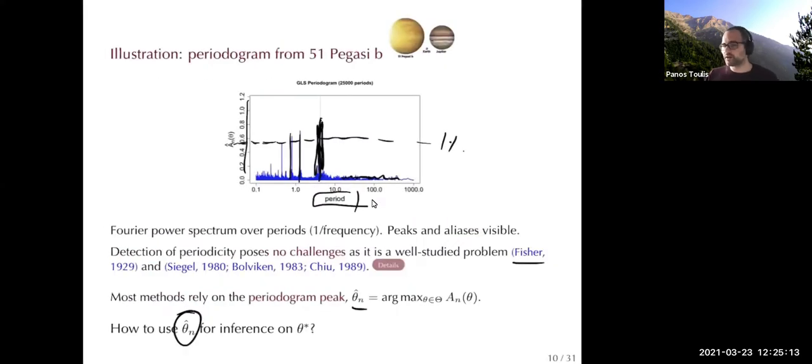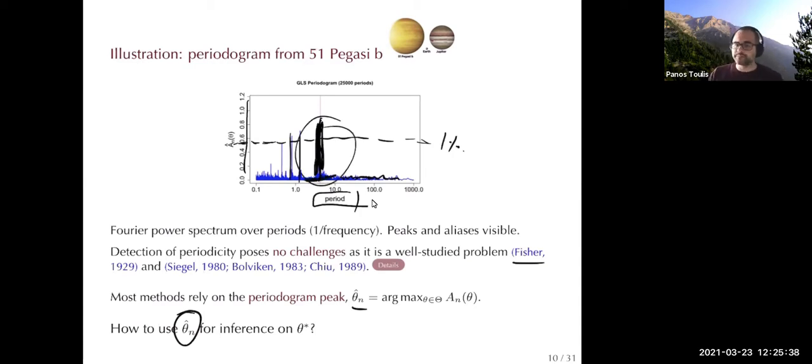Whenever we look at a periodogram like that and say, oh, this is the 1% false alarm probability, so the data is clearly periodic, the argument implicitly assumes that the truth has to be around that periodogram peak.